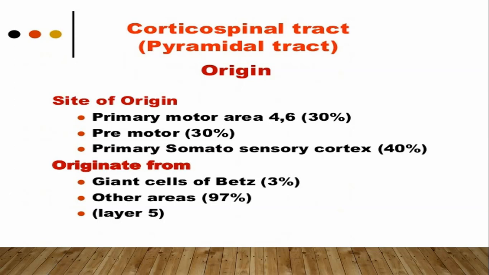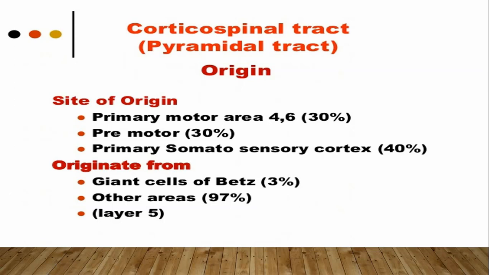Anyway, the sites of origin are: 30% contributed by primary motor area 4 and area 6, the premotor area, and the primary somatosensory area, and it also originates from the giant cells of Betz.